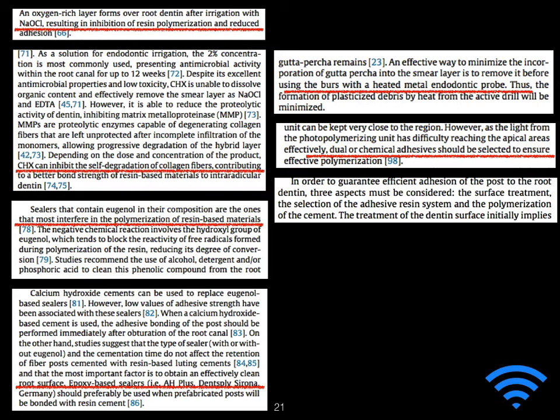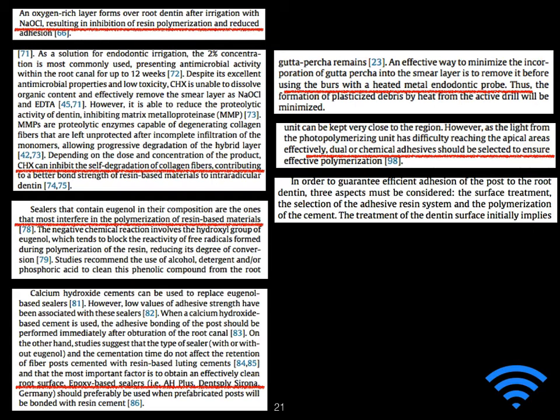And if this was not done, it's advisable to remove the gutta percha using a heated instrument, like a heated plugger, and this will prevent the incorporation of the gutta percha within the smear layer. So when you file the walls or wash them with irrigation, you will have a better chance of opening all the surface for the new hybrid layer during post cementation.